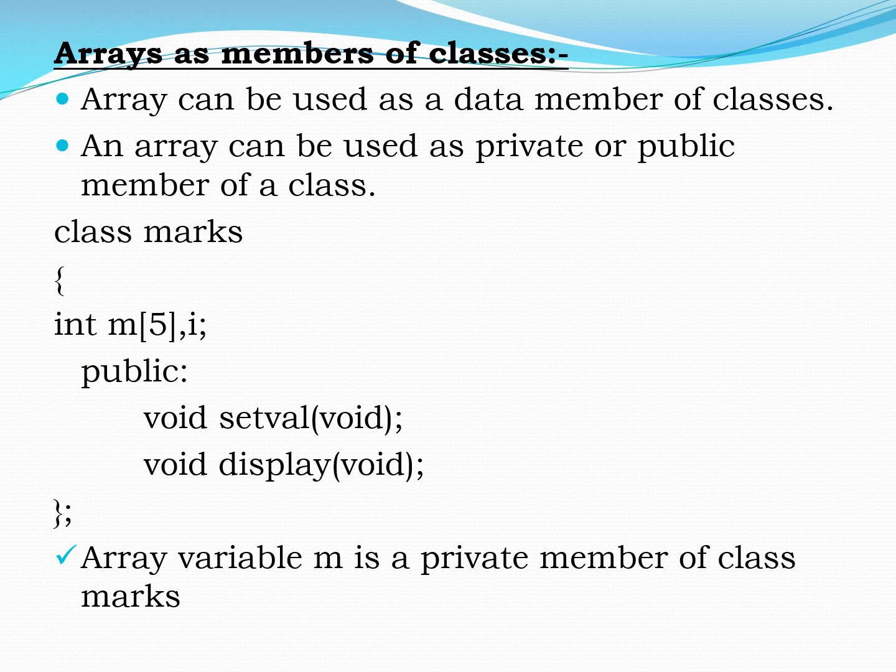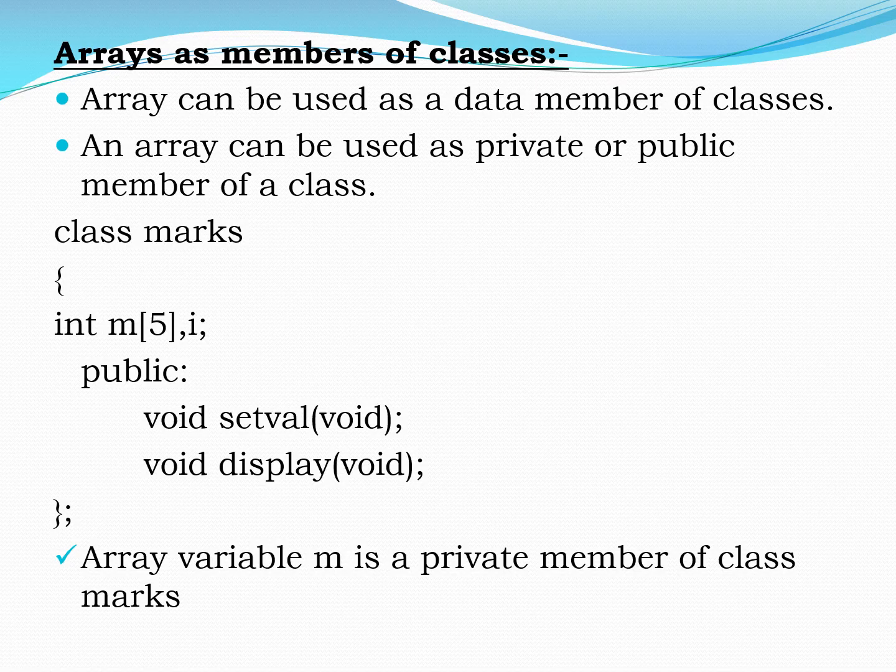Our next topic is arrays as members of a class. Before getting into arrays as members of a class, we'll just see what an array is. An array is a collection of elements of the same type placed in contiguous memory allocations that can be individually referenced by using an index to a unique identifier.